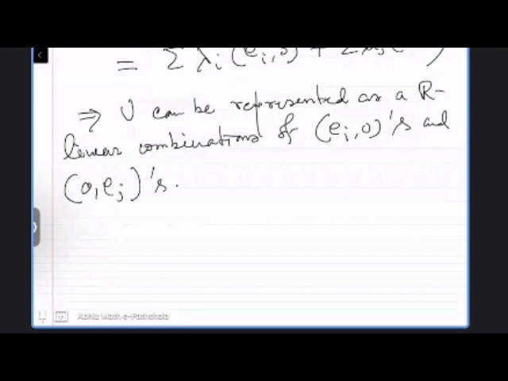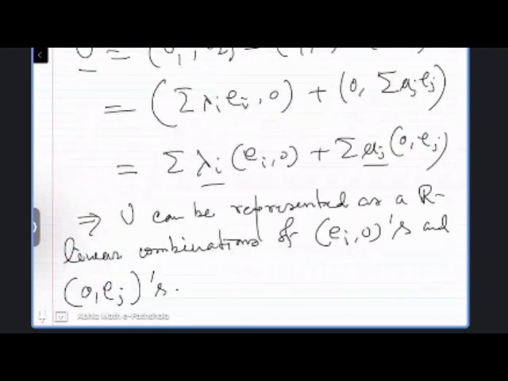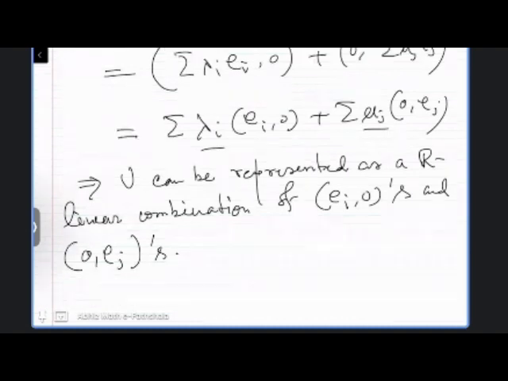Because these scalars are real numbers. So this representation is an R-linear combination of (ei, 0) and (0, ej).